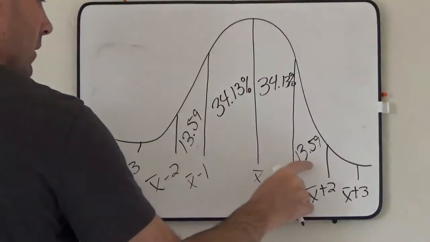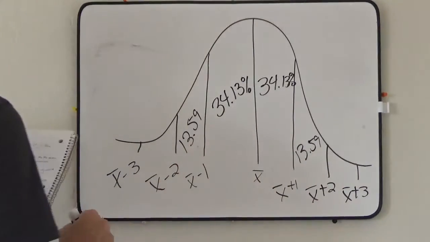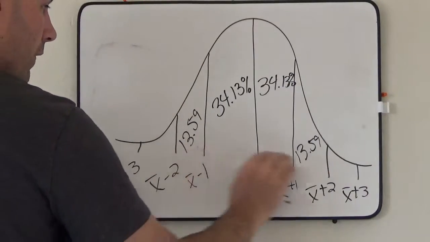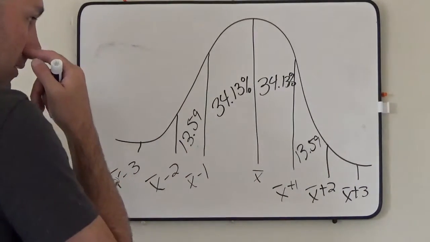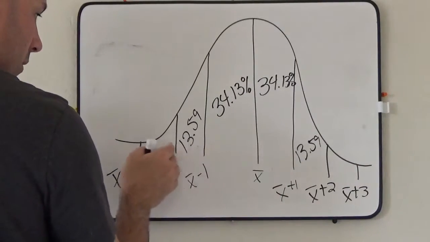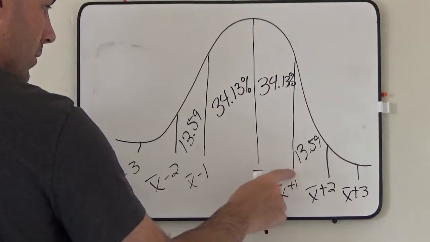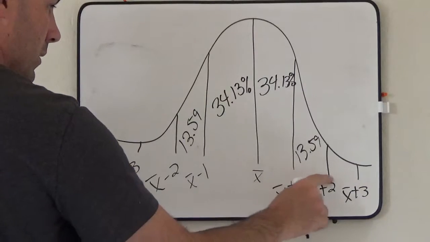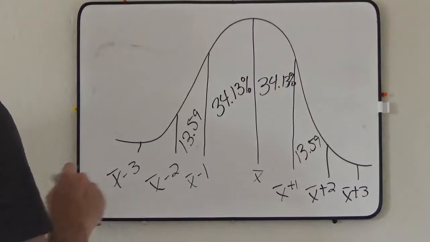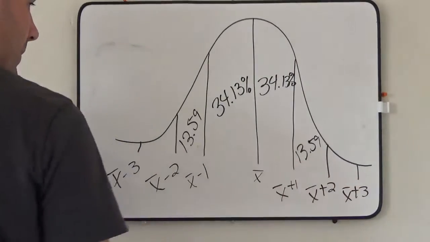If you added these all together, within 2 standard deviations, about 95% of all the numbers fall within this many deviations of the mean. So here's the mean, there's 1 deviation, there's 2 deviations. 2 deviations away. So mean, 1, 2. Mean, 1, 2. This is 3 deviations away, right?